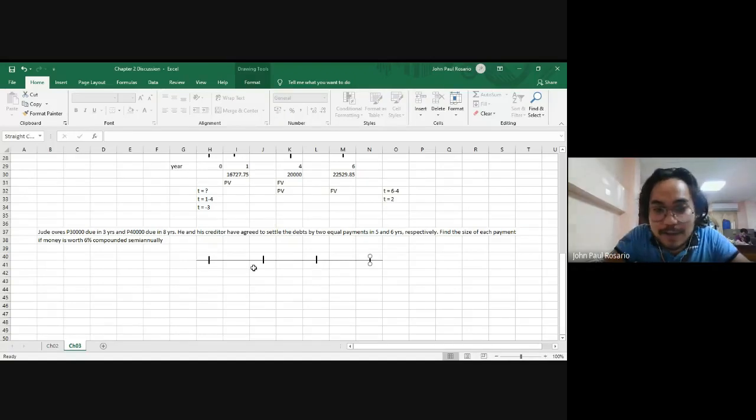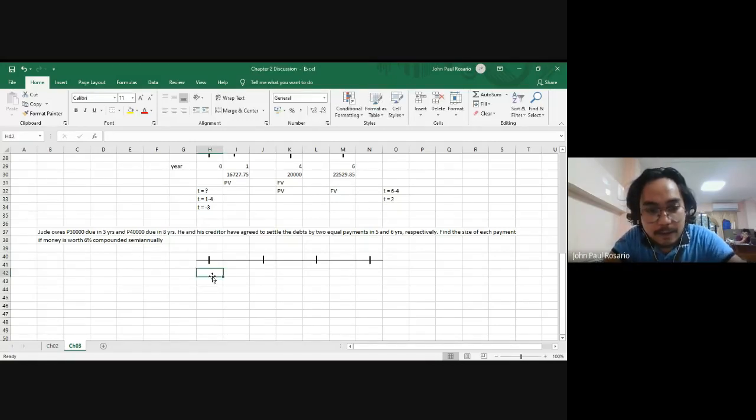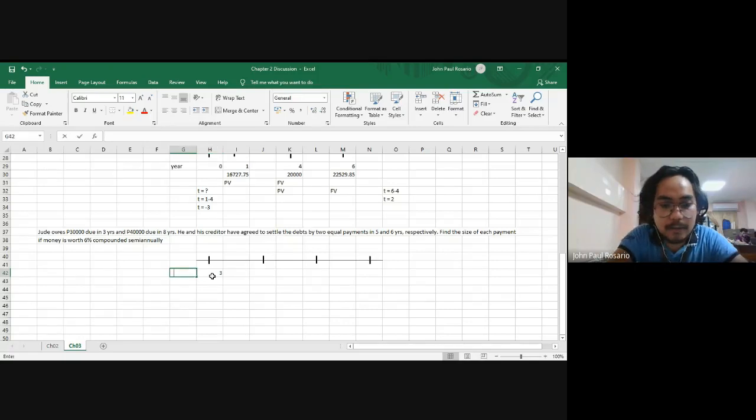Just ignore that they are not equally spaced; I just wanted to show it to you in a spaced out manner. So this is our year 3, our year 5, year 6, and our year 8.